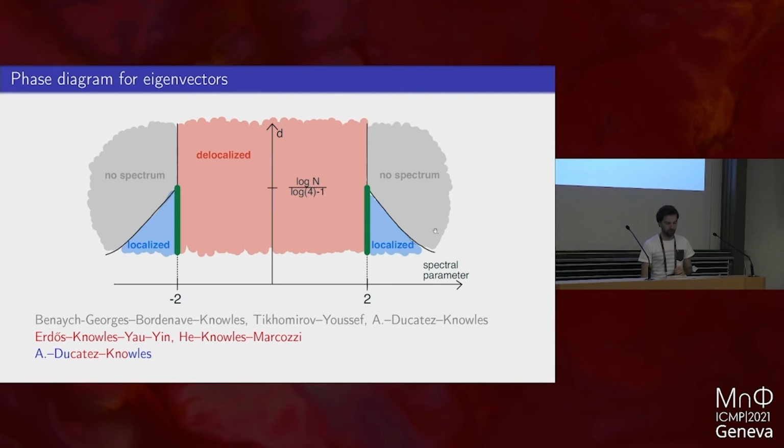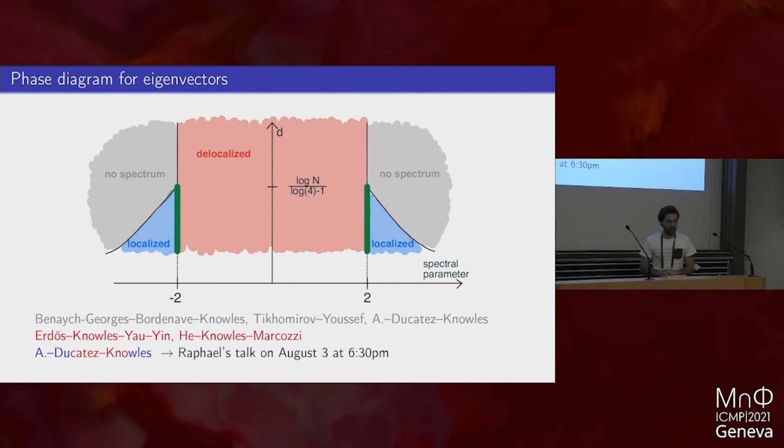That had actually already been known previously. But then you have this dichotomy between certain eigenvalues being delocalized, namely the ones between -2 and 2, and outside you have localized eigenvectors. And actually, you can learn more about this transition for the eigenvectors in Raphael's talk.